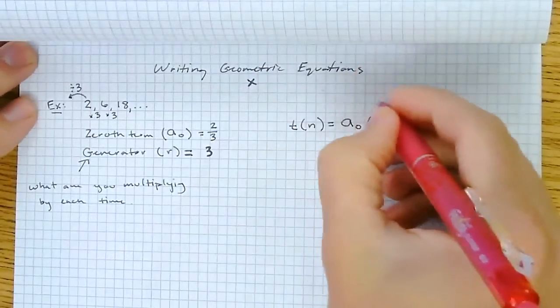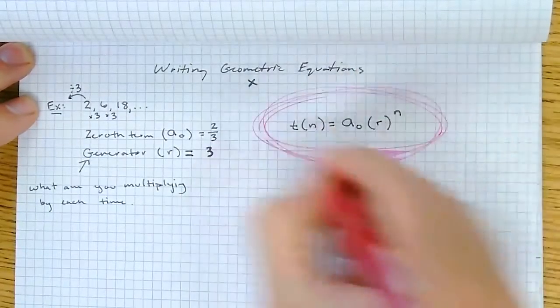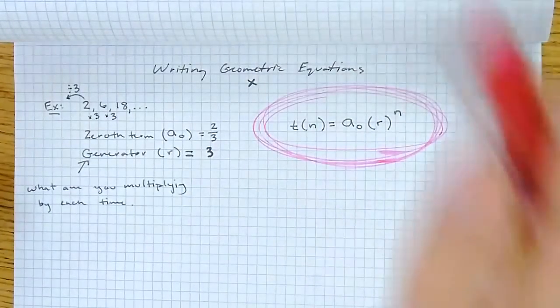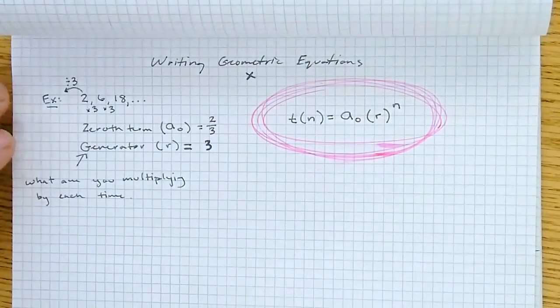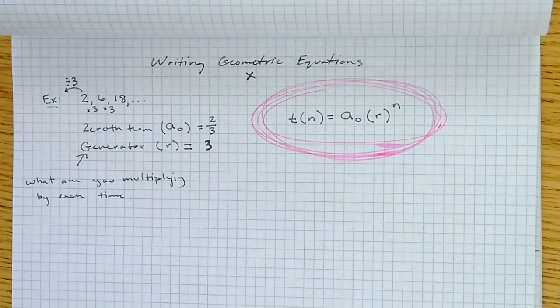So the equation we use for geometric sequences is written like so: T of n equals a sub 0 times r raised to the nth power.